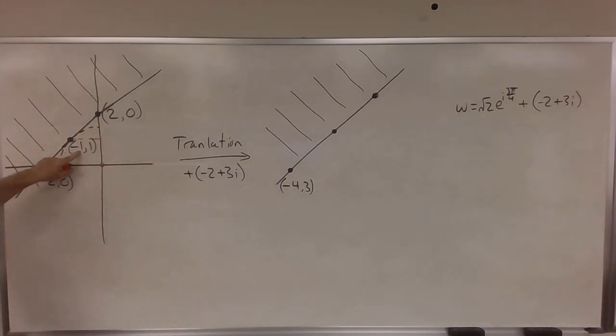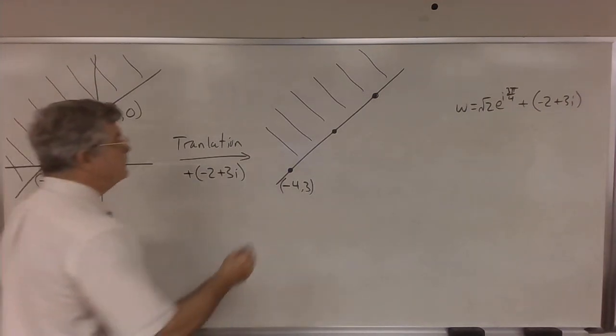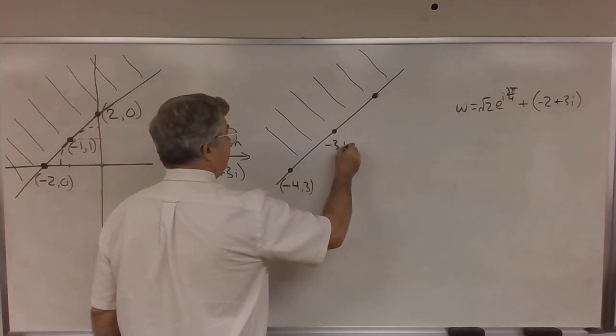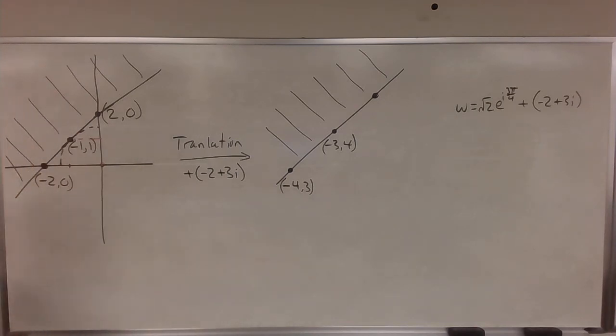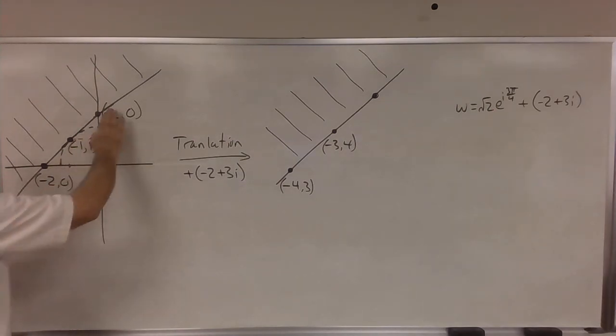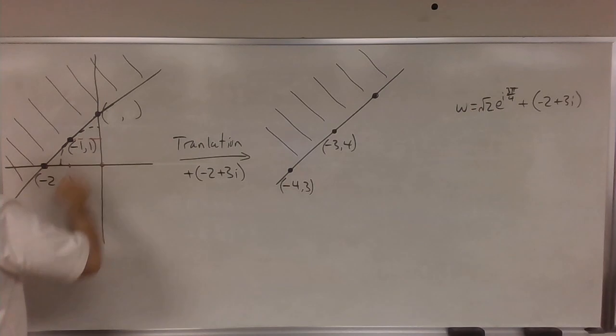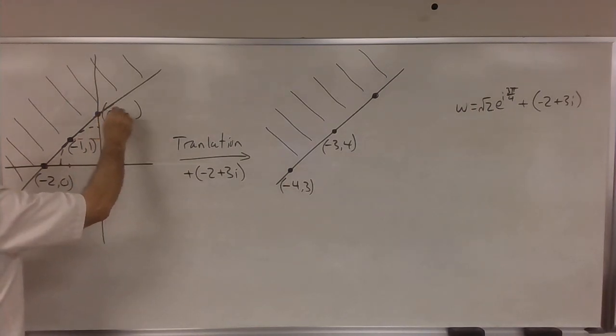Subtract 2 from the x-coordinate, negative 3. Add 3 to the y-coordinate, 4. Subtract 2 from the x-coordinate, add 3 to the y-coordinate. Whoops, this one is wrong. This should be 0, 2.